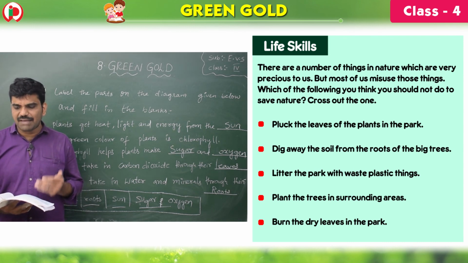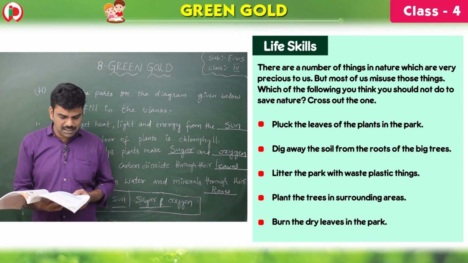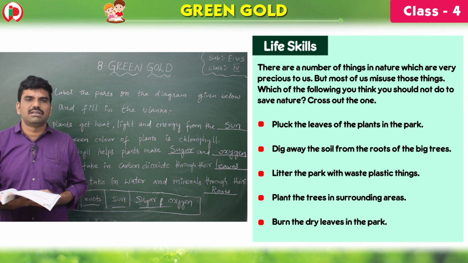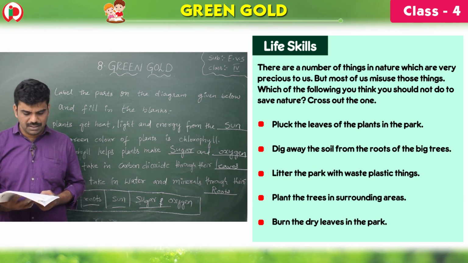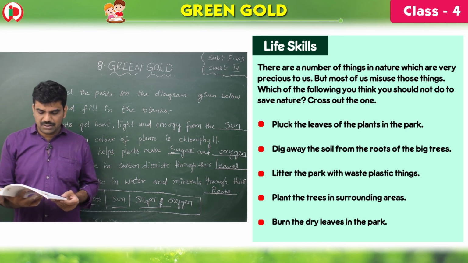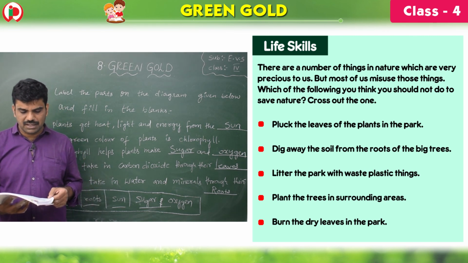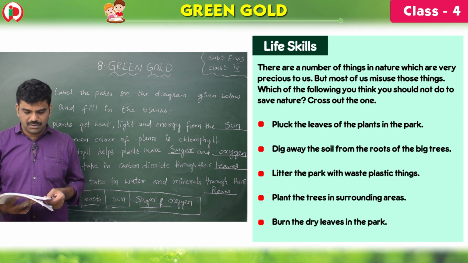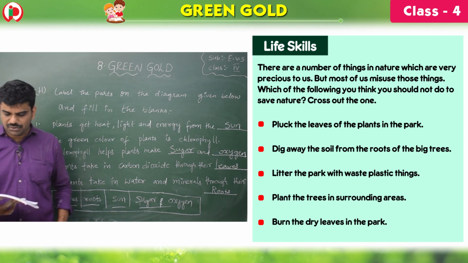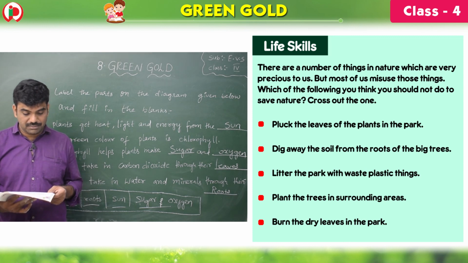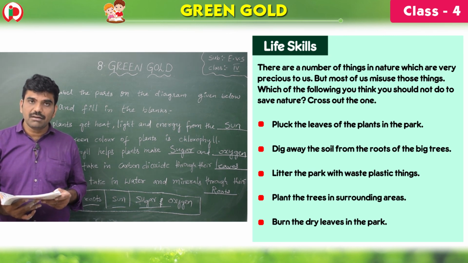So these are the life skills. Burn the dry leaves in the park. We should not burn the dry leaves in the park. So this is also cross. So which of the following you think you should not do to save nature?